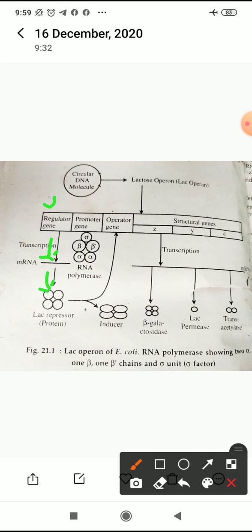The mRNA produces lac protein, and lac protein binds with the operator and blocks the way of RNA polymerase, and RNA polymerase does not reach the structural genes. Structural genes do not transcribe, and there is no formation of the three enzymes.